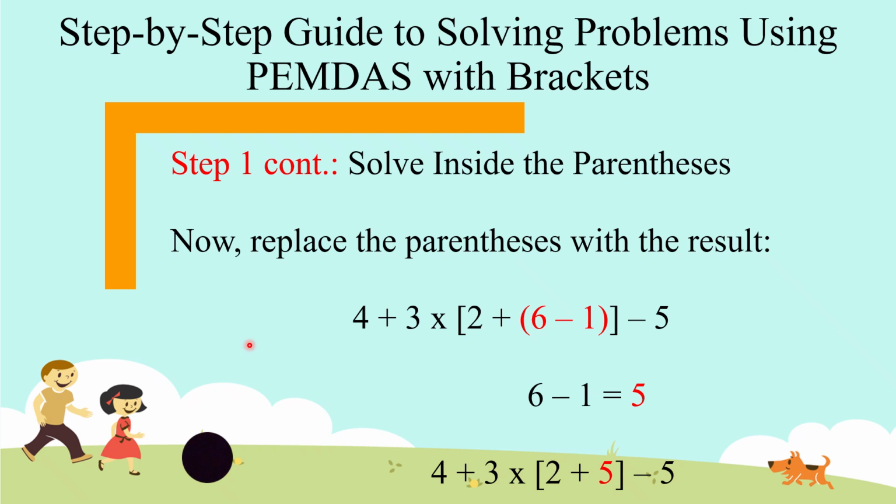Now replace the parentheses with the result. In this case, the 5 now goes inside the brackets. So we now have 4 plus 3 times [2 plus 5] minus 5.